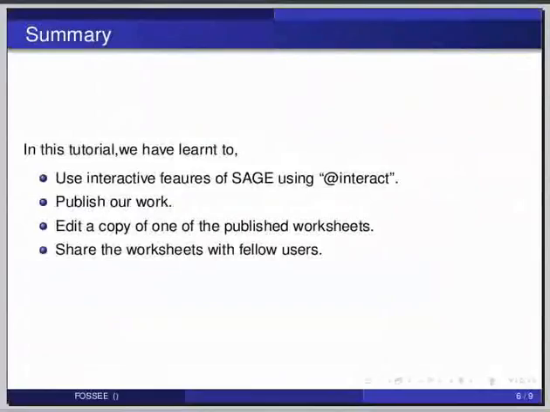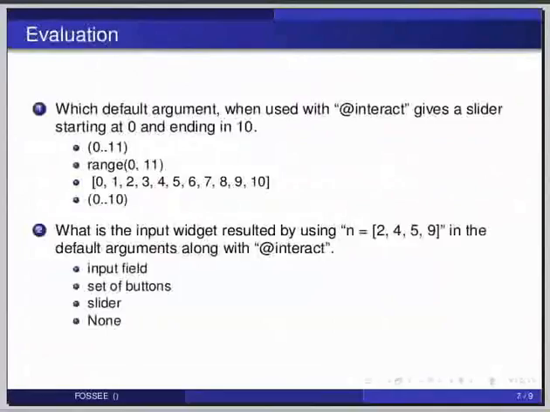Here are some self-assessment questions for you to solve. First one, which default argument when used with @interact gives a slider starting at 0 and ending in 10? Options are 0.11, then range(0,11), then 0, 1, 2, 3, 4, 5, 6 up to 10 separated by commas, then in brackets 0..10.